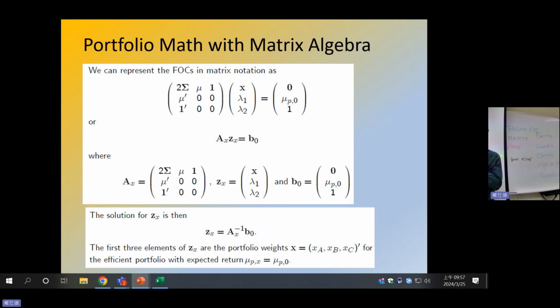These two values refer to lambda 1 and lambda 2, because we are finding the solution Zx. So what is Zx about? The first 3 by 1 entries are the weightings for the 3 assets, and the fourth and fifth elements refer to lambda 1 and lambda 2.